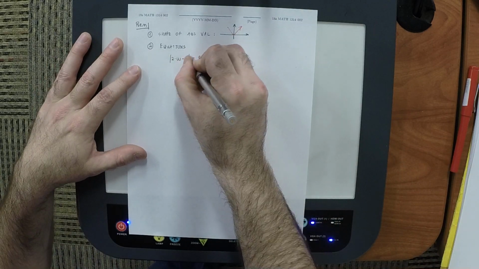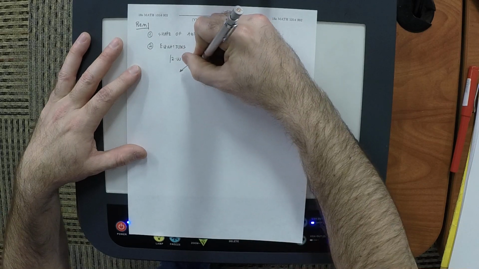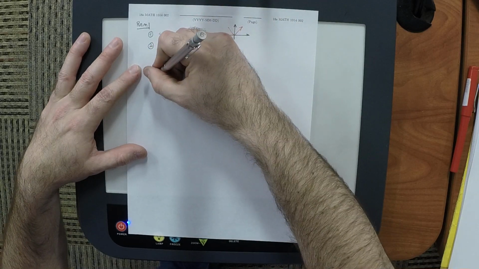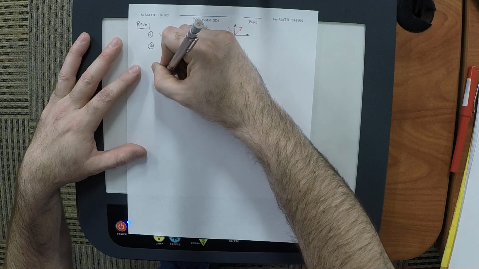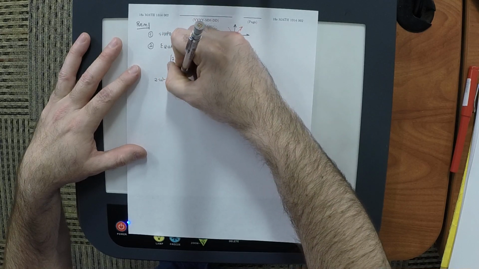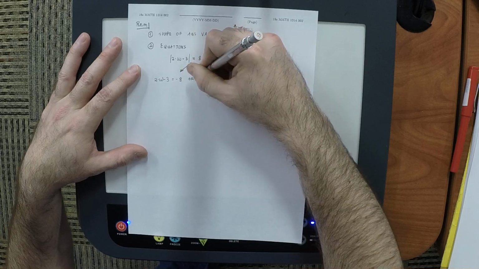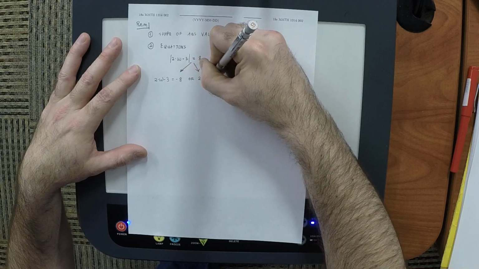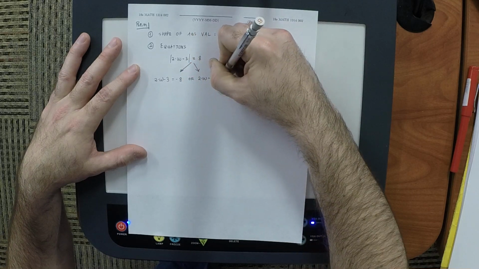As a result, this equation splits into two separate equations because there are two possibilities. 2w minus 3 is equal to negative 8, or 2w minus 3 is 8.